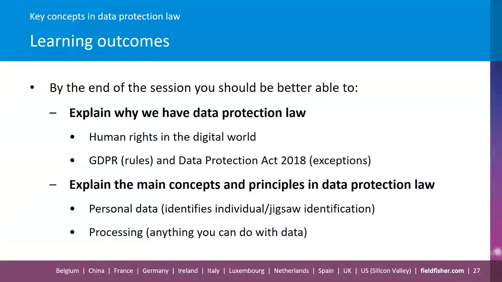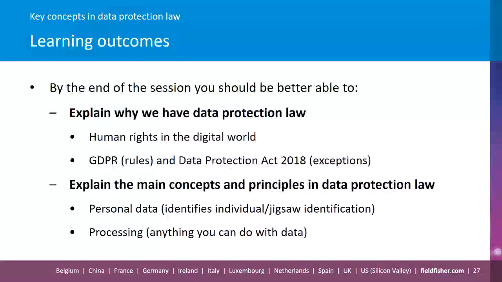Next, I said that you should be better able at the end of the session to explain the main concepts and principles in data protection law. So we talked about personal data. We talked about data that directly identifies an individual, but also data that indirectly identifies an individual, where you have that jigsaw puzzle, where you've got little bits of information which put together identify someone.